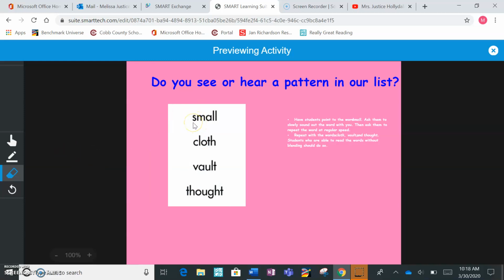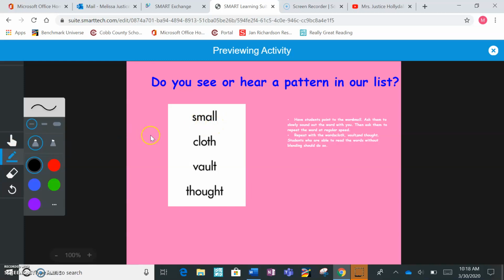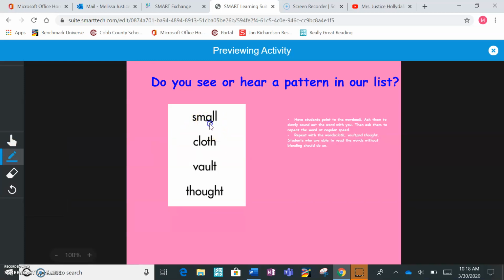Let's practice. We know SM is sm, and we know AL is all. Small. What sound do you hear? What letters do you see making the aw sound? A and L right there. Yep. All right, let's try this one. Cloth. I see just an O making that aw sound there. How about this one?